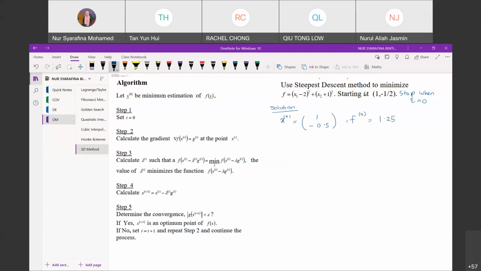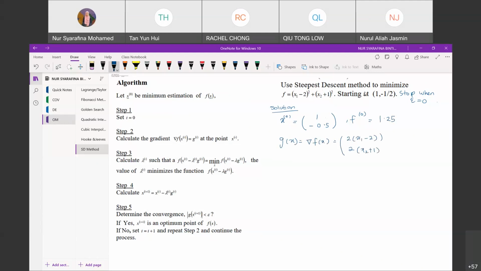Then we need to calculate the gradient g. g(x) equals the derivative of f(x), which gives you 2x1 minus 2 and 2x2 plus 1.